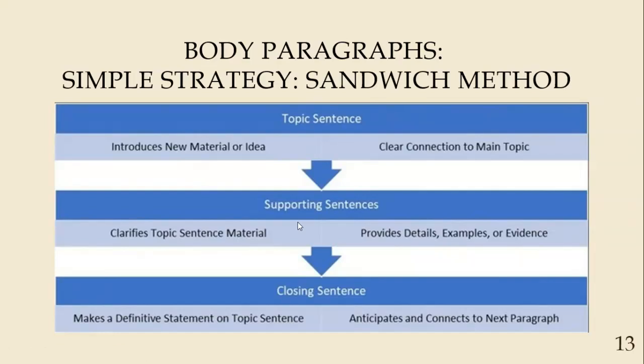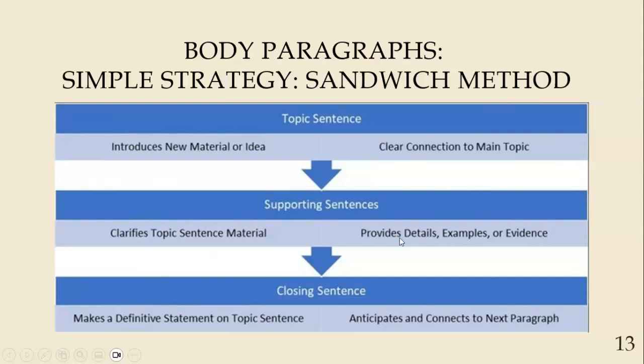So the topic sentence, that top bun, that's exactly what it is. That's your X, Y, or Z introducing that new idea. It has a clear connection to the thesis statement. And then once you establish that in the beginning, you can transition and start introducing those outside sources.